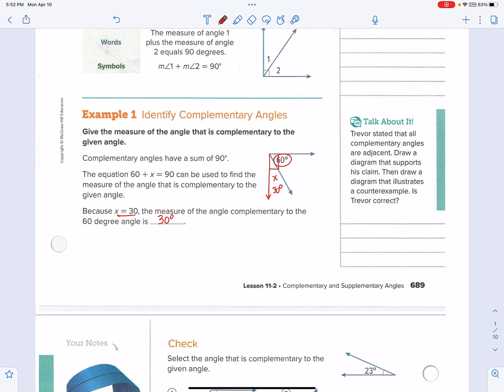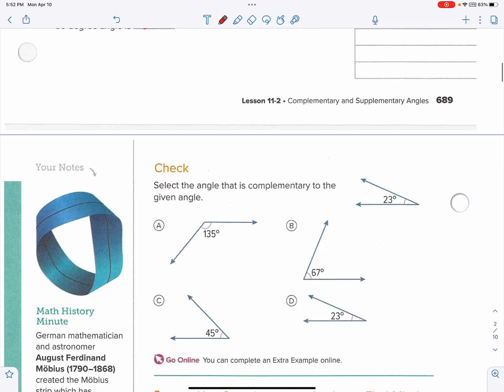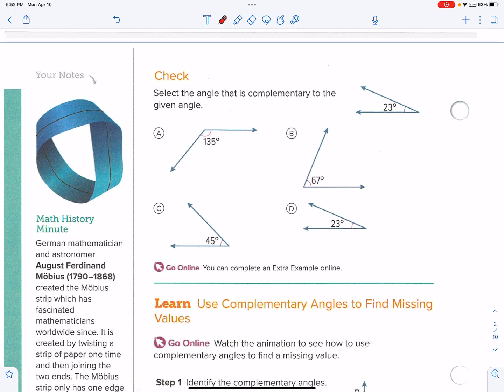All right, let's head down to some checks here. Select the angle that is complementary to this given angle. They're giving us 23, so go ahead and test it out on your own. We're thinking complementary, corner, so if I look at this 90 degrees, what does x have to be?